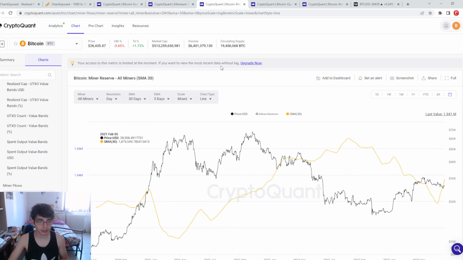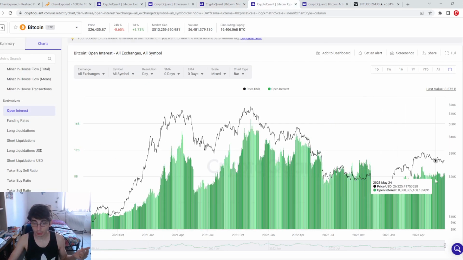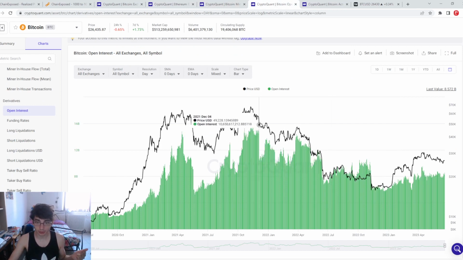Nothing changed in practice, and we don't have that much open interest that we may fall down from, like we did the second time and the first time when we got these huge spikes in open interest.